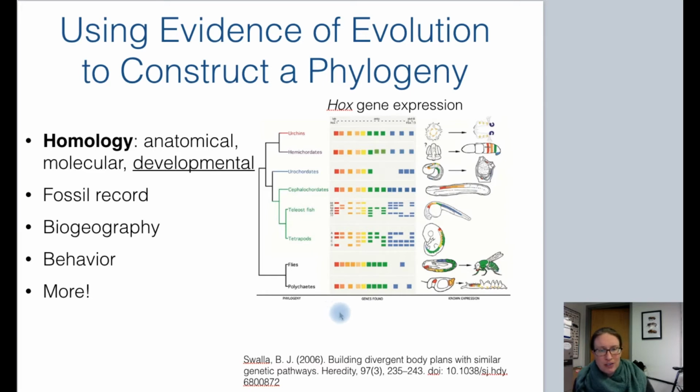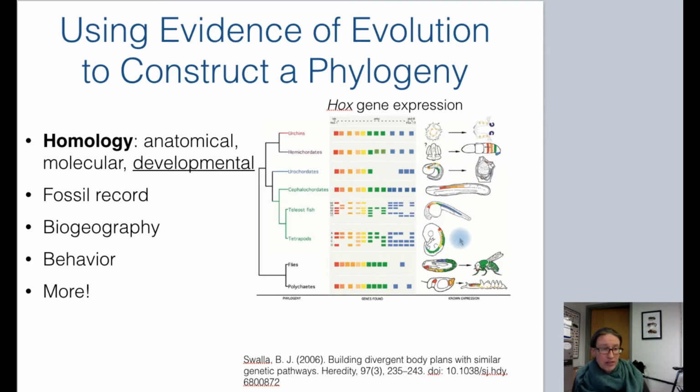And so what this picture is showing you is, across that range of organisms, which gene sequences are present, and where those sequences get expressed over the course of development. And so it's possible to compare not just those gene sequences, but also where and when they get expressed, to help come up with inferences about evolutionary relationships between different groups of organisms.